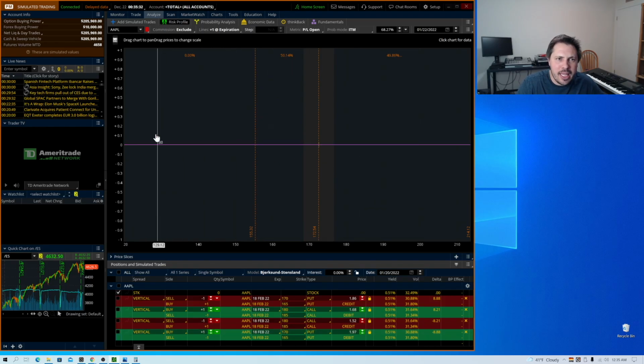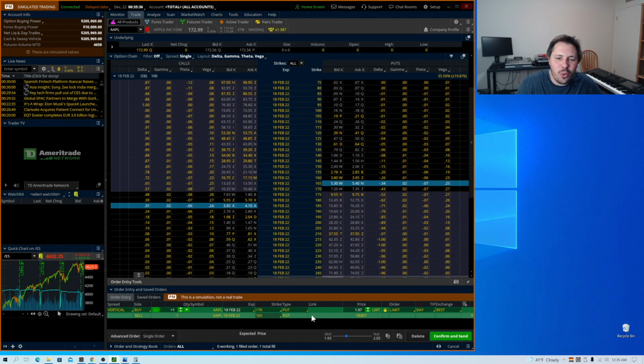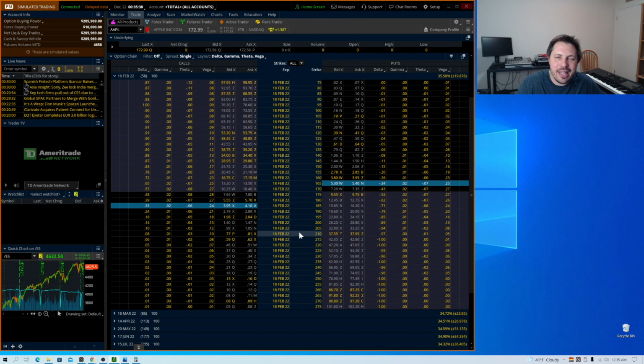And with these debit spreads, the risk always lies in when the underlying security settles between your strikes. That is what you don't want. You don't want to open yourself up to that type of assignment risk.